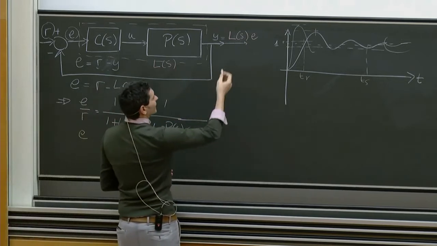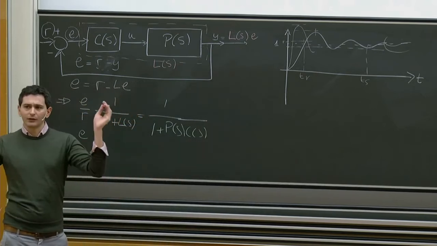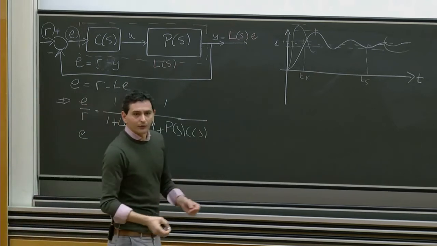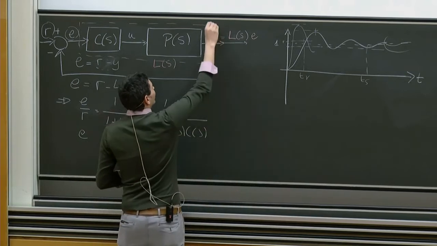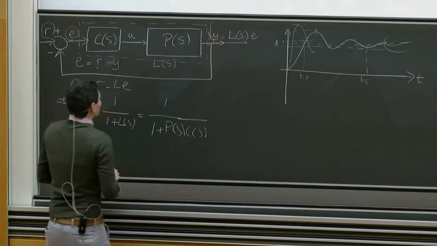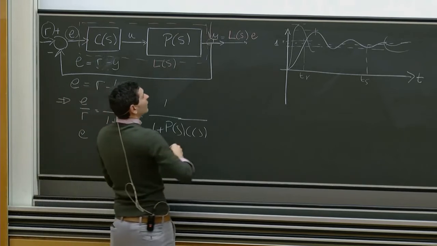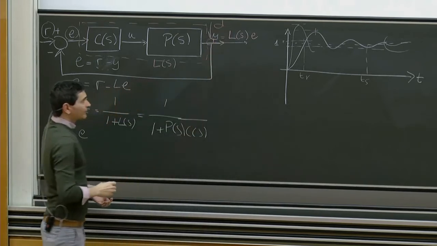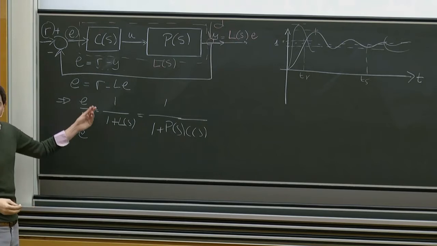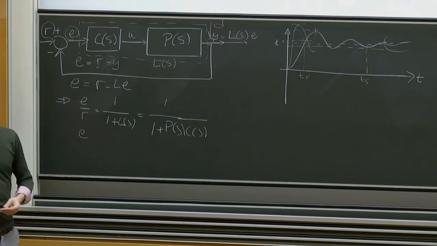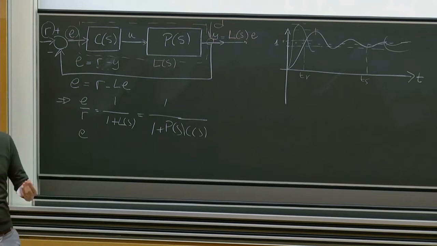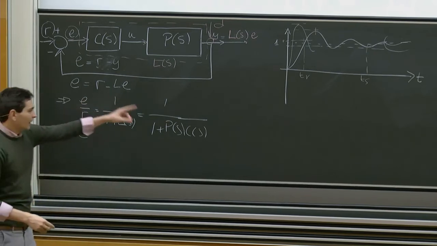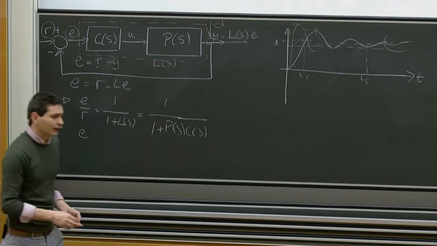Suppose we have a disturbance, so some external signal that is coming from, I don't know, some wind or some factors we cannot control, entering the loop here, we would have the effect of this disturbance on the tracking error. So again, how much do these uncontrollable inputs affect the ability of the controller to keep the output of the system at the desired value is regulated by the same transfer function.